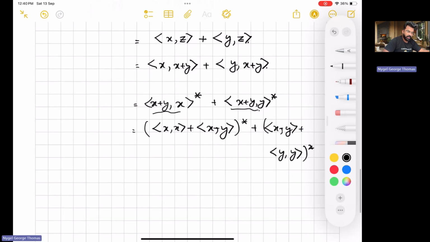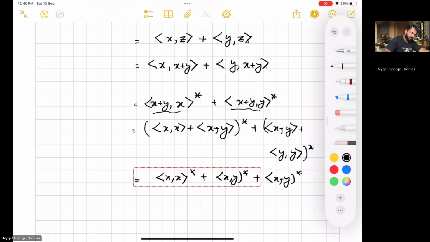So what is a plus b whole conjugate? Let's say we have two complex numbers, z1 and z2. What is the conjugate of c1 plus c2? The same as c1 conjugate plus c2 conjugate, I suppose. There could be some mistake.